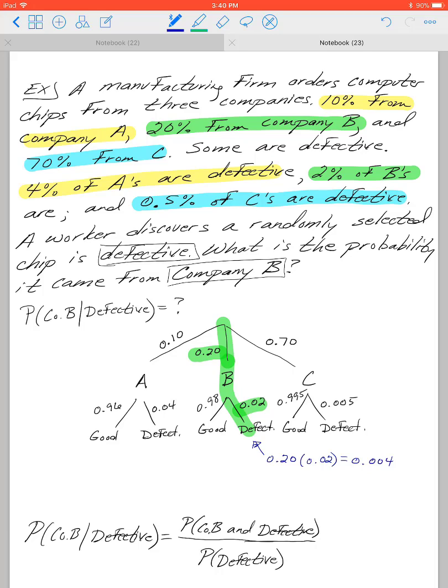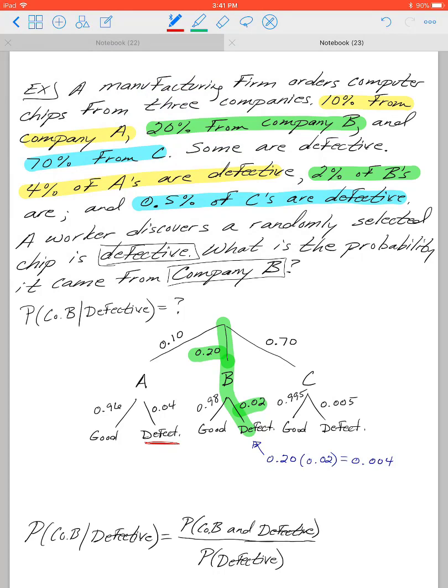And then, of course, in general, what's the likelihood that something would have been defective? Well, I have several different journeys here that gave me defective. And they were all kind of dependent on where they came from, right? Like, for example, you can't just use 4% off of company A. You care about how often the chip was coming from company A to start with. You have to link those things. So the different journeys that we need to check out would be this defective journey, and this defective journey.